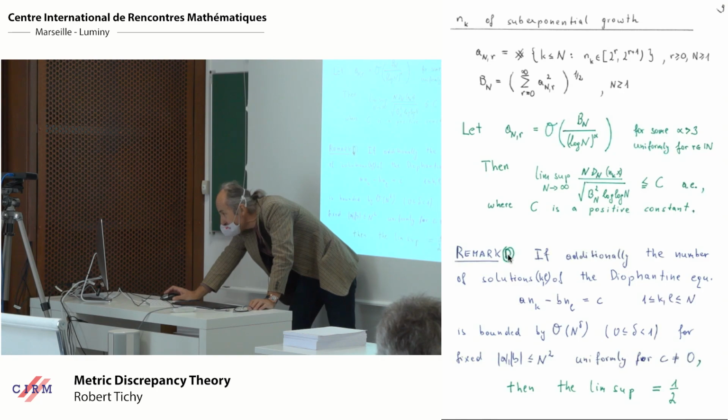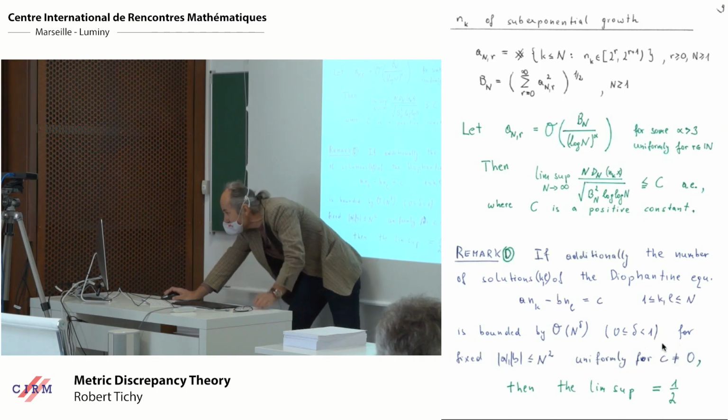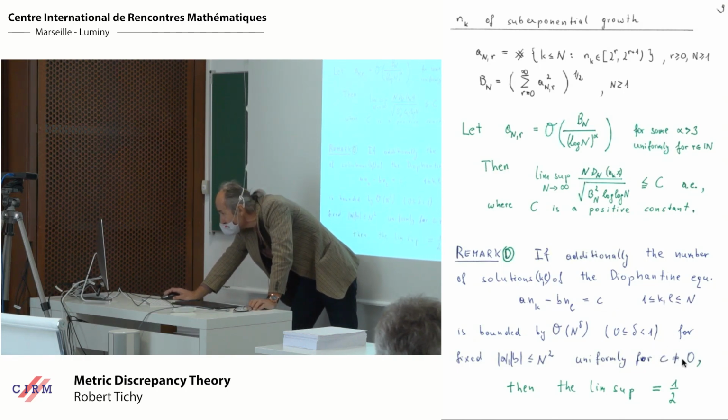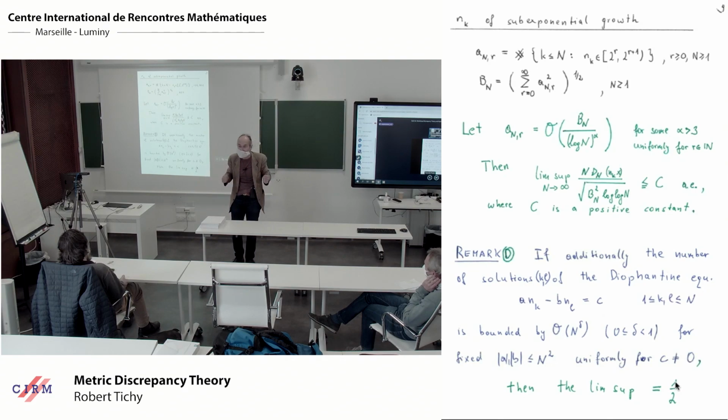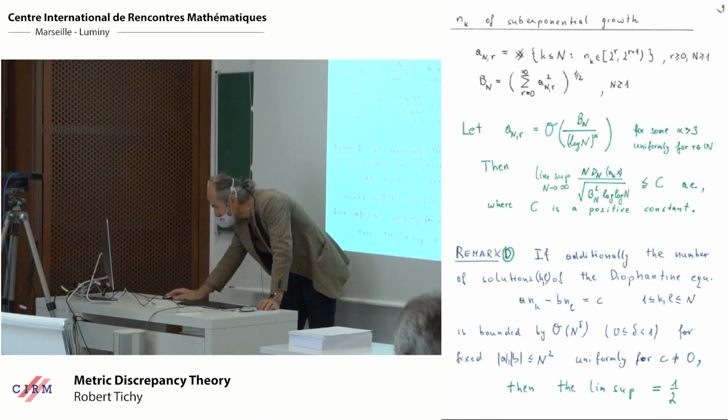And my property D, remark D, Diophantine remark, means that the number of solutions can be estimated in terms of the total number N with an exponent which is not bigger than 1, for fixed coefficients and, important, uniformly in c, which is not 0; the case 0 is an extra one. And if we know this property, we again get the correct value of this constant sigma of this lim sup, which is again 1/2, known from probability theory.